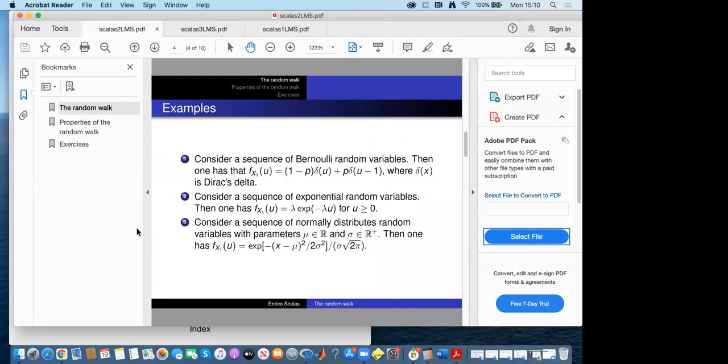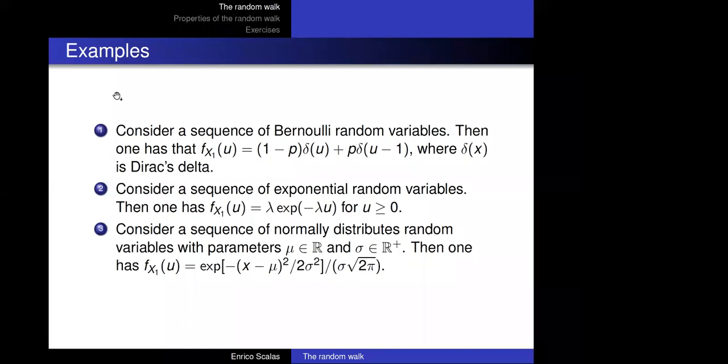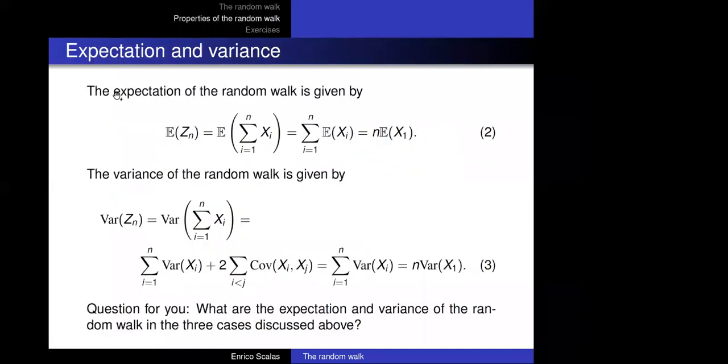So what would be the distribution of this random variable? Well, luckily, we can use some results to get info on what is going on after n steps for the random walk. First thing is equation 2, which is giving us the expectation of the random walk.